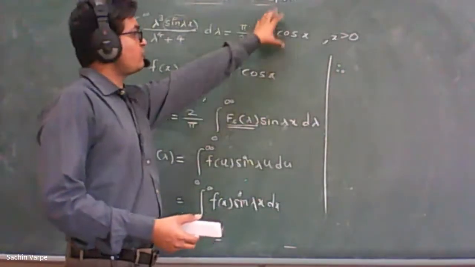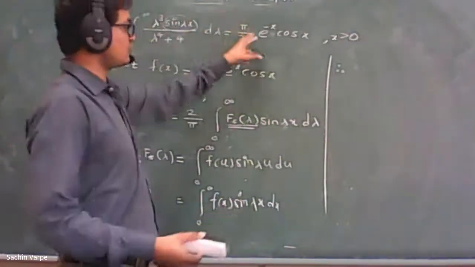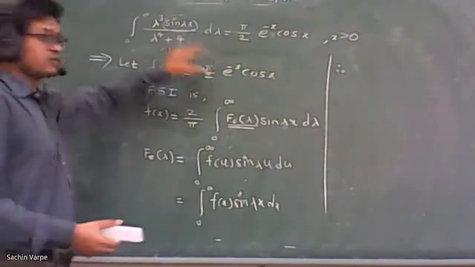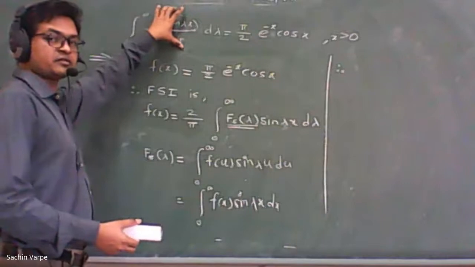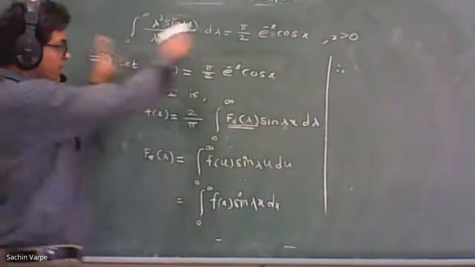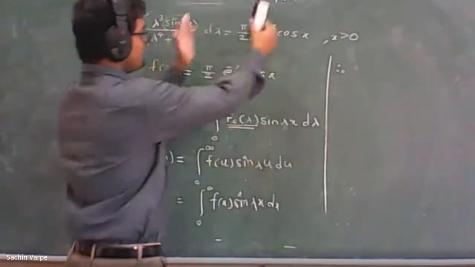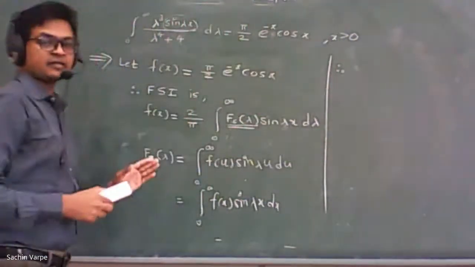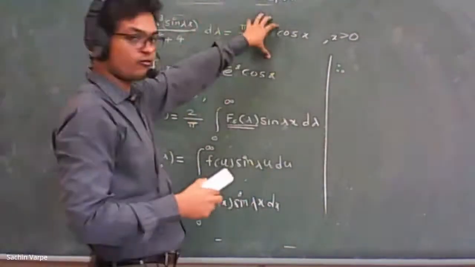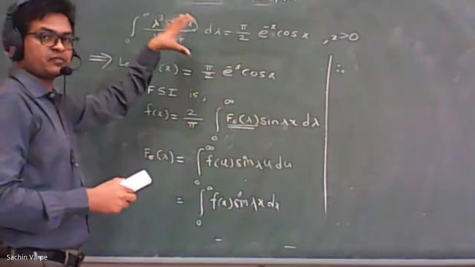Then that f of x will be equal to 2 by pi times this. So this pi by 2 you have to take to the left hand side. But this is not given actually. This we have to show, this we have to prove. So whatever I'm having, I've started with the complete right hand side by considering it as f of x, and then I'll show that f of x will be this integration later at the end.